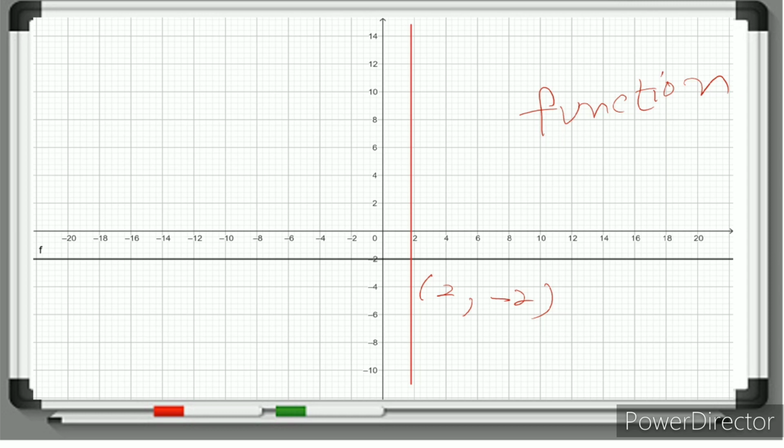If, boys, on this line, I take the ordered pair like 2 comma minus 2 that I have taken, and if I take this point, it will be 4 comma minus 2, this point, and these points, if I take different points here, boys, I will mark this point clearly.